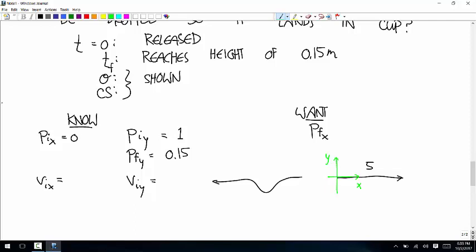That's right. So that's 5 meters pointing in the positive x direction and nothing in the y direction. So that's just going to be positive 5, 0. We don't know anything about the final velocity. And then it's free fall, so the x acceleration is 0, the y acceleration is negative 9.81.